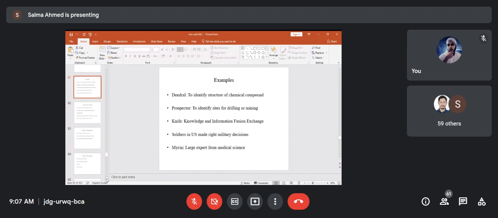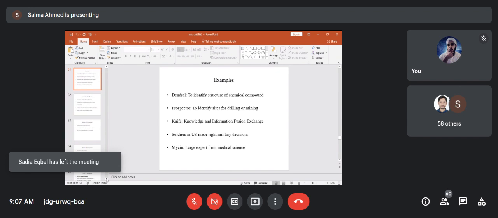Then the other very prominent one is KNIFE, K for knowledge, N for information, F for fusion, and E for exchange, which was used extensively by the US to make right military decisions, to identify how many soldiers you need to send in one direction, and therefore how much food, arms, and ammunition would go in that particular direction.